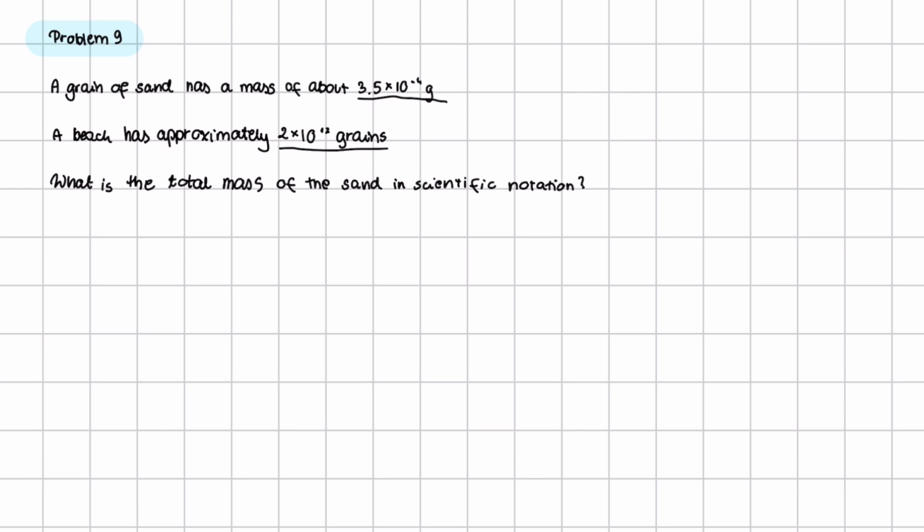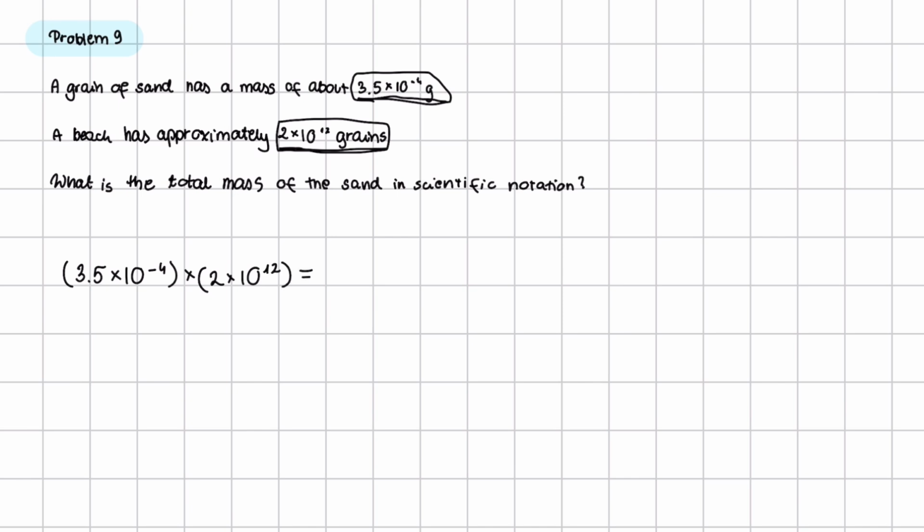So if one grain has this mass and we have this amount of grains, we simply have to multiply these numbers. So 3.5 times 10 to the power of minus 4 times 2 times 10 to the power of 12.